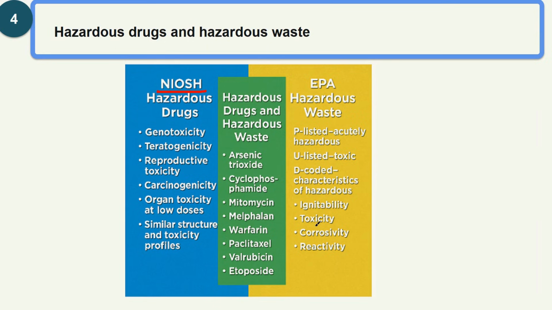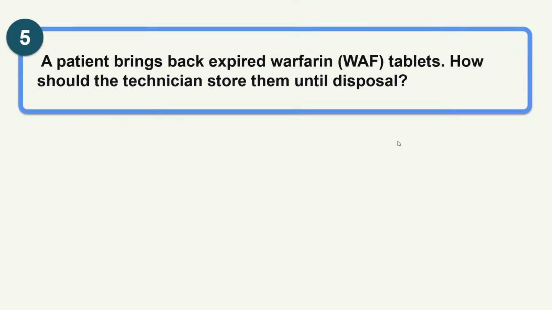Igniting drugs, toxic drugs, corrosive, and reactive drugs come under EPA's hazardous waste. Whereas drugs such as cyclophosphamide, mitomycin, melphalan, warfarin, paclitaxel, and etoposide fall under the categories for both of them, and both regulations are utilized for handling these hazardous drug wastes.